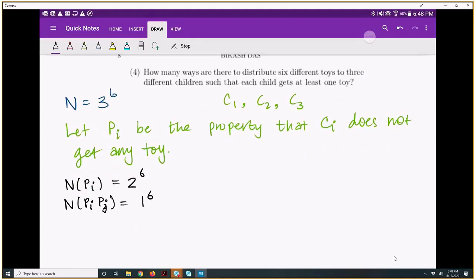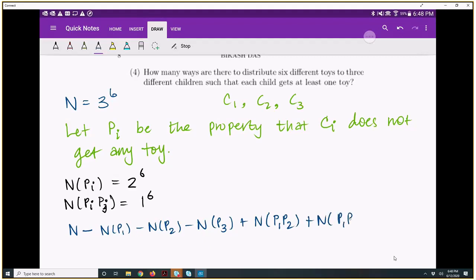So now we have everything that we need, because we want to compute n minus n of P sub 1 minus n of P sub 2 minus n of P sub 3 plus n of P sub 1 P sub 2 plus n of P sub 1 P sub 3 plus n of P sub 2 P sub 3.